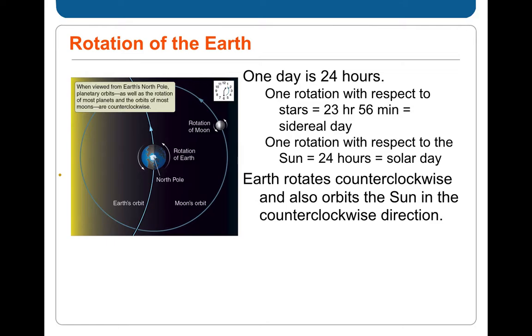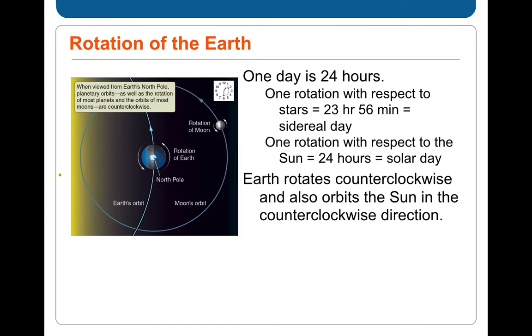The Moon also goes around Earth in a counterclockwise direction. Not only that, the curved arrows around Earth and Moon indicate the direction of Earth rotation, and this direction is also consistent with the orbital direction of both Moon and Earth.